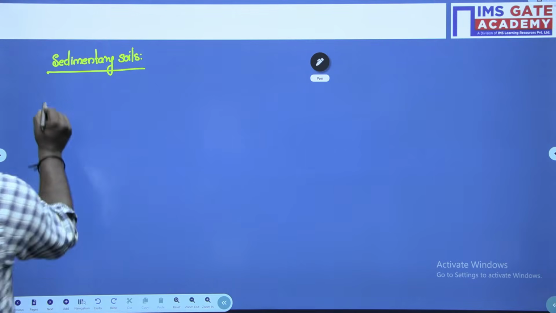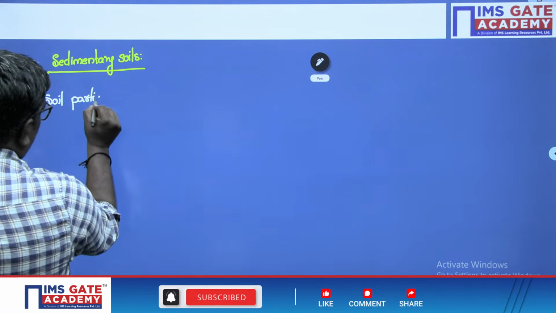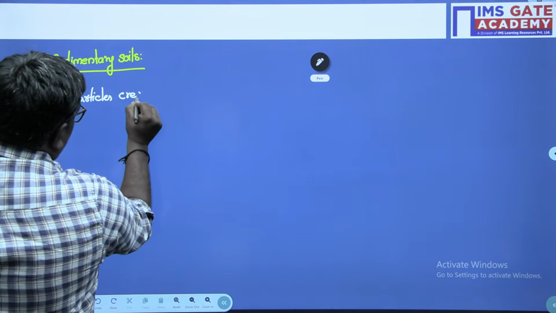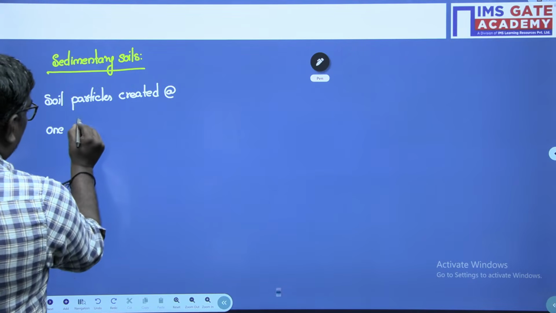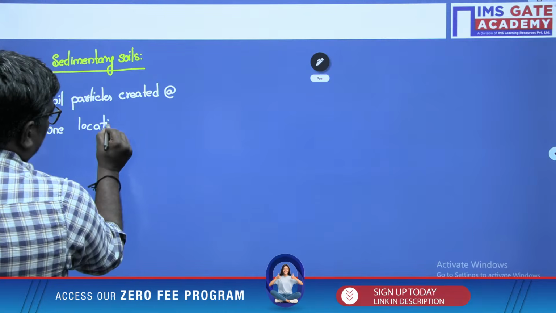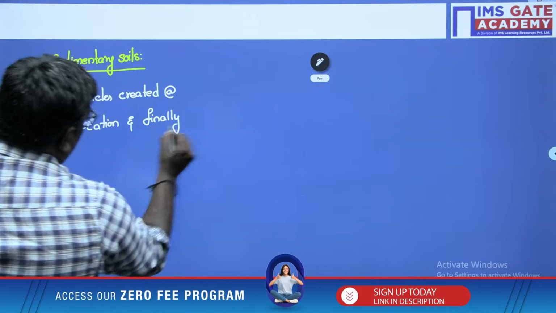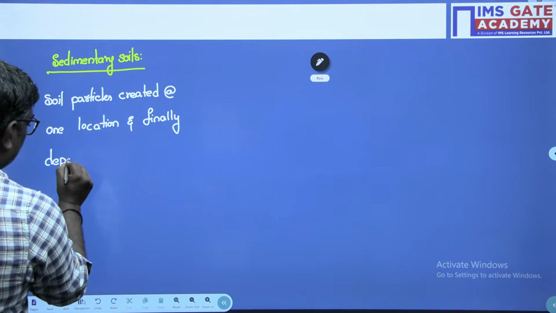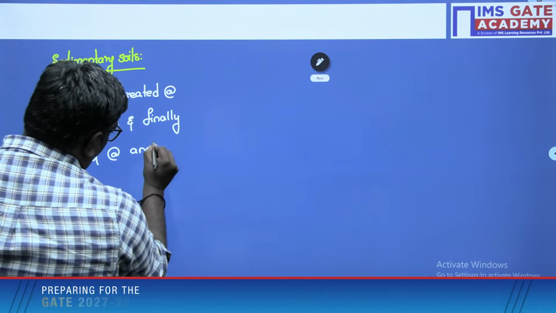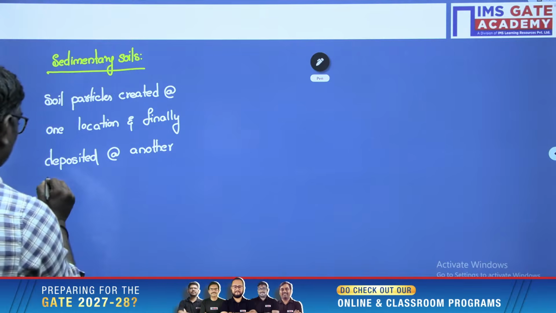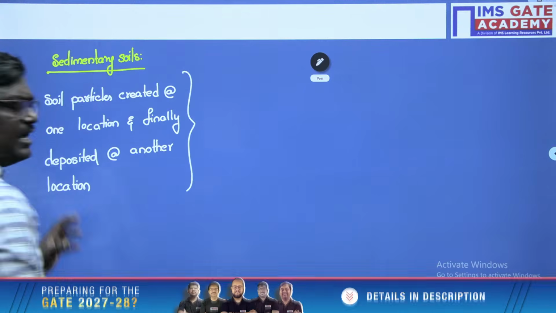Sedimentary soils are soil particles created at one location and finally deposited at another location.